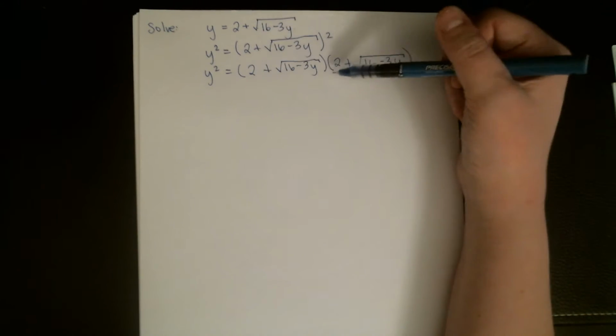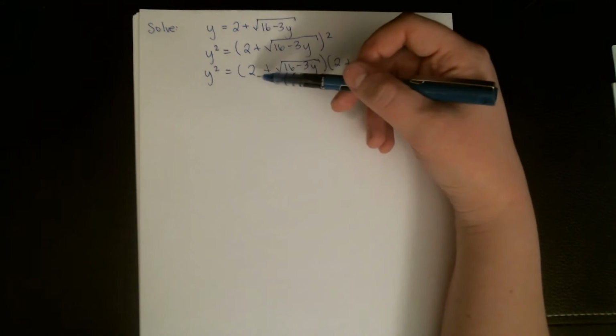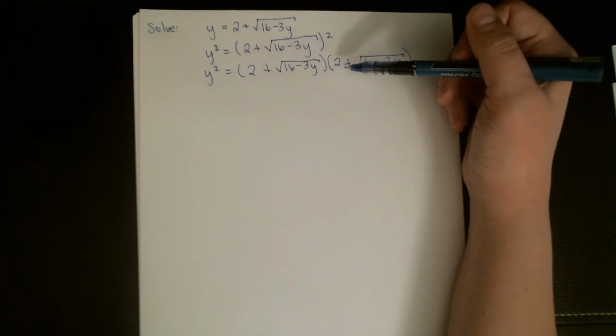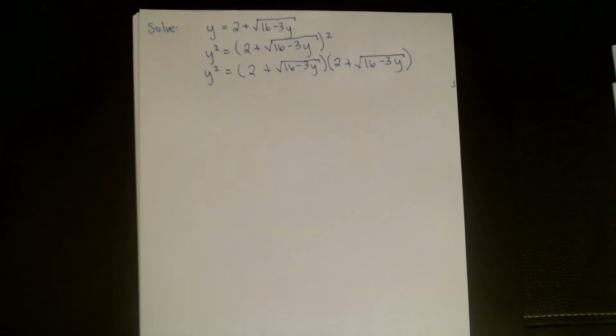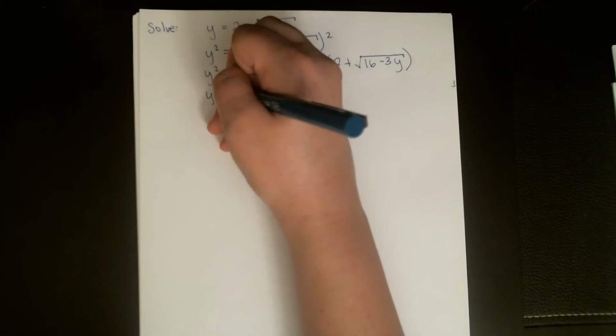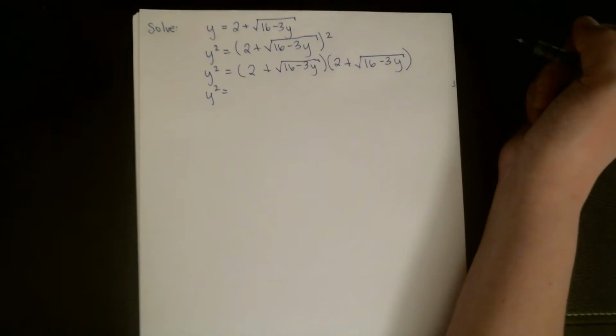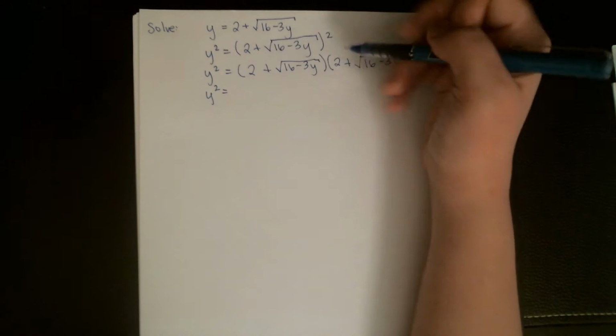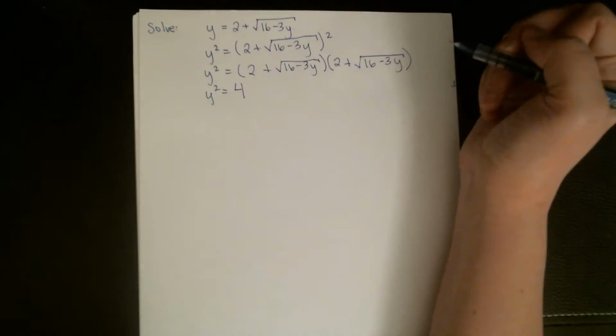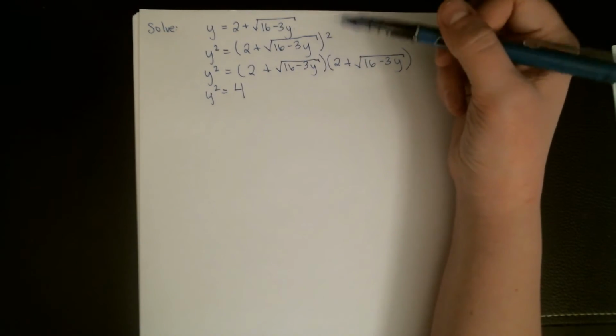If you're trying to multiply this thing by itself, this is a binomial expression multiplied by a binomial expression, so we're going to end up FOILing, and this is where we start to get into some trouble. The first part of FOIL is great. 2 times 2 is 4, no problem. The outside and inside are a mess.